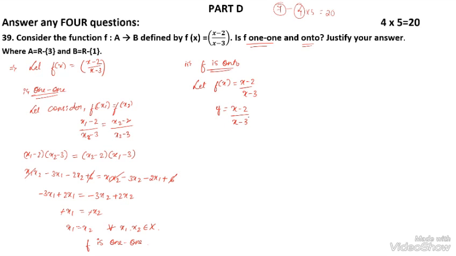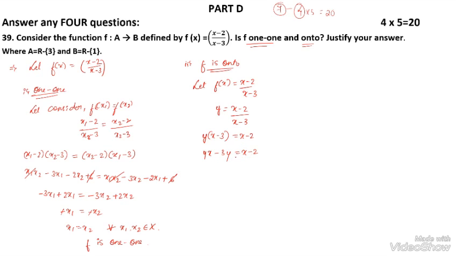Now we have to solve for x. So I am taking the cross multiplication, that is y(x - 3) = x - 2. Here also taking multiplication, yx - 3y = x - 2. We want only x. Now I am solving for x.